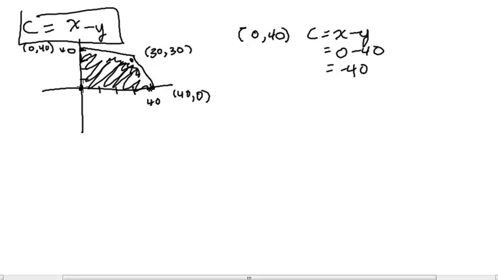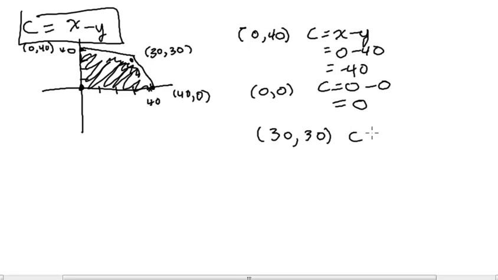For this point here, which is another vertex, (0, 0), c equals 0 minus 0, or 0. For the point (30, 30), c equals 30 minus 30, or c equals 0.